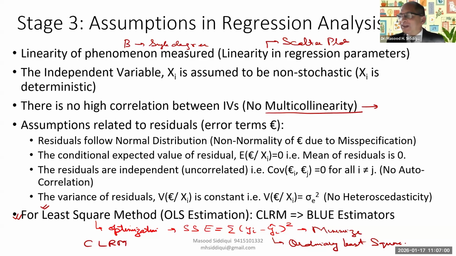Next one is that residual terms or the error term should be uncorrelated. But if they are correlated, then we have a problem known as autocorrelation. The third one is the variance of the residual should be constant. And if that is not constant, the problem is heteroscedasticity. These are the assumptions that are required.